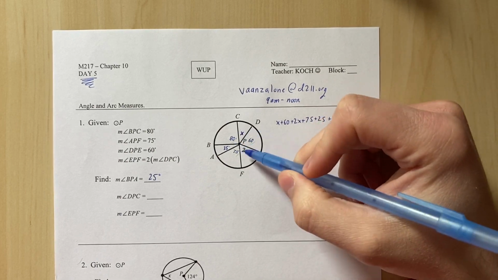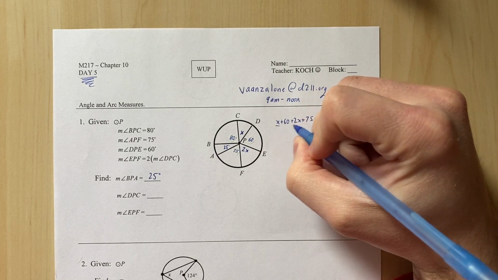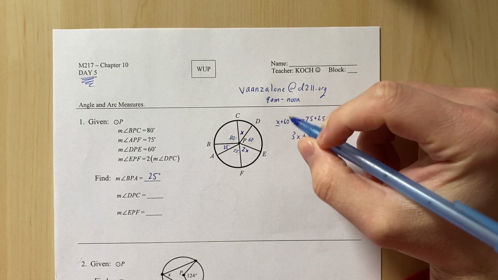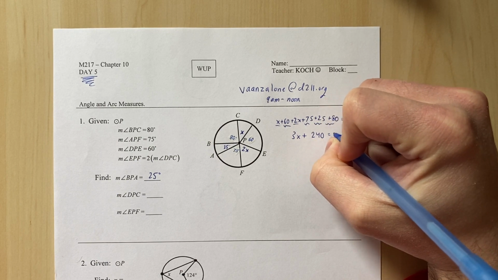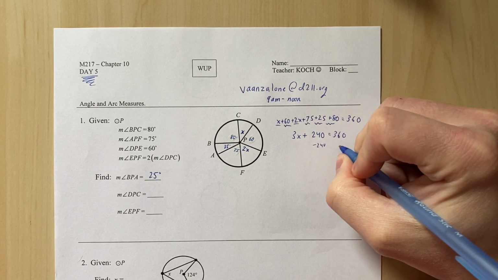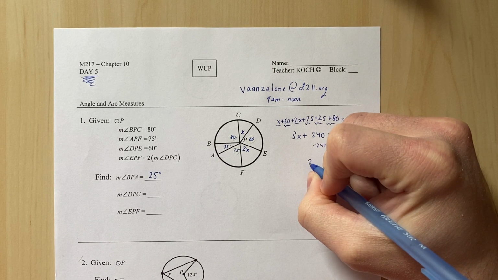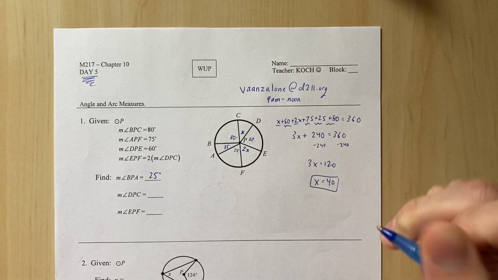Combining like terms, we have 3x plus 240 equals 360. Then we solve: 3x equals 120 and x equals 40.